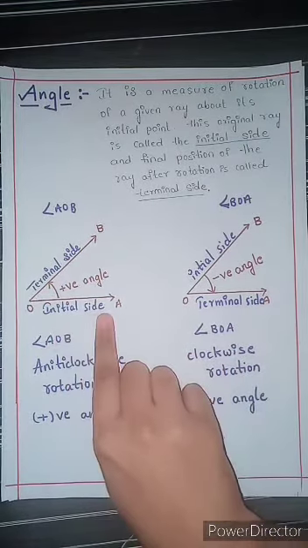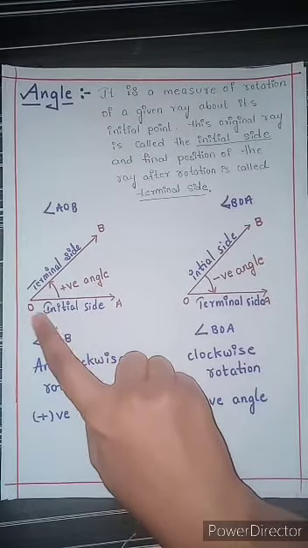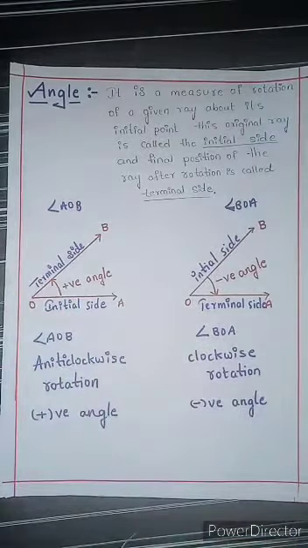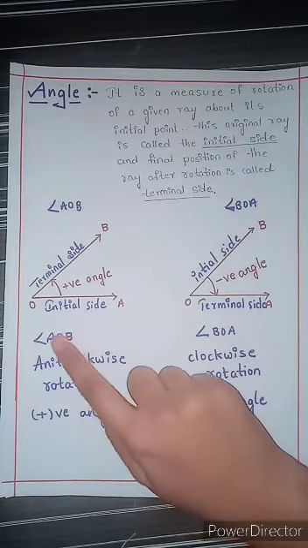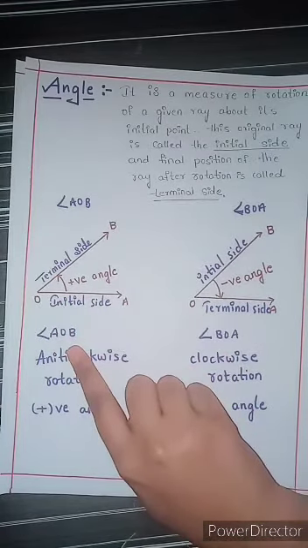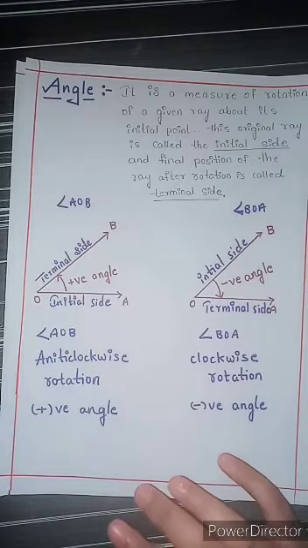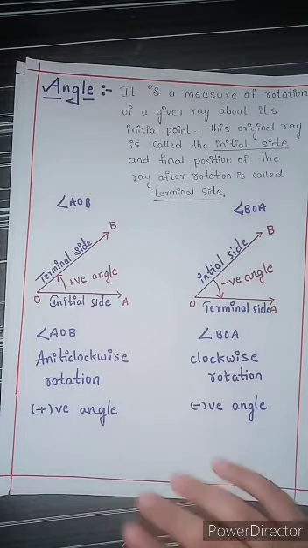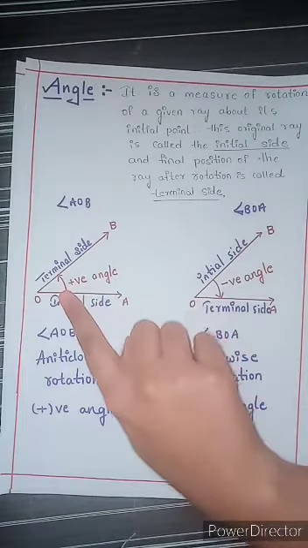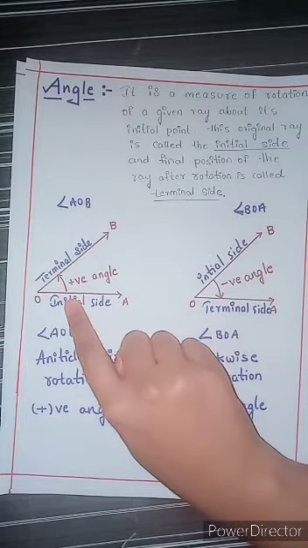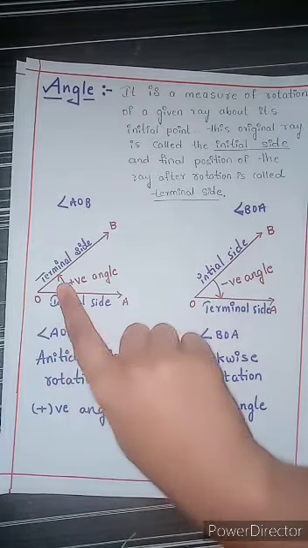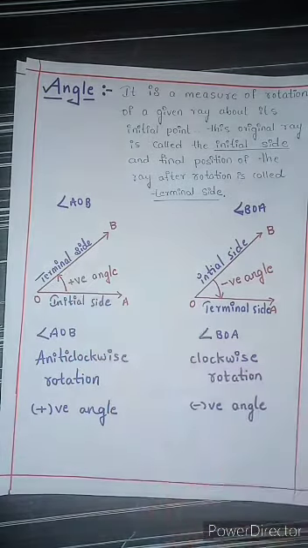We have to rotate OA around O until it reaches B, so that amount of rotation of initial ray is denoted by angle AOB. See, when we are talking about angle AOB, we have to start from ray OA and keep on rotating it until it coincides with OB.